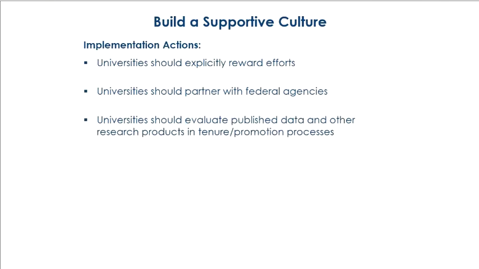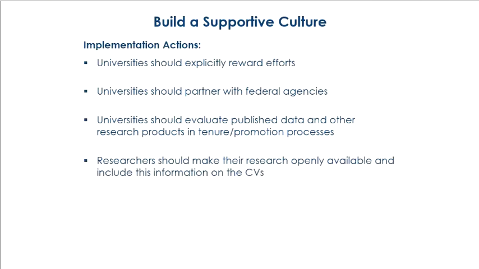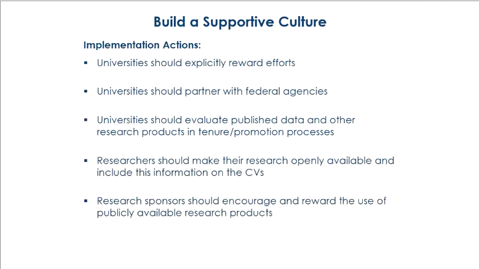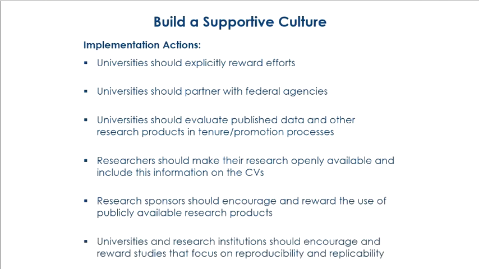Universities should evaluate published data and other research products in tenure promotion processes. Researchers should make their research openly available and include this information on their CVs. And research sponsors should encourage and reward the use of publicly available research products. Universities and research institutions should encourage and reward studies that focus on reproducibility and replicability.